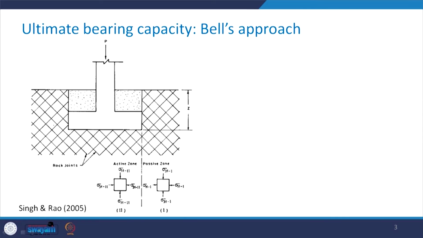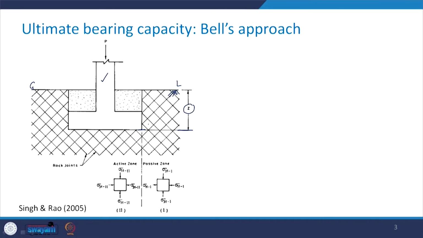Take a look at this particular figure. This is the footing which is placed at a depth of z below the ground surface. This is your ground level, and from there at a depth z below you have placed the footing.